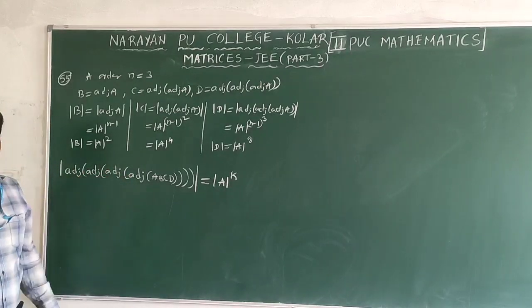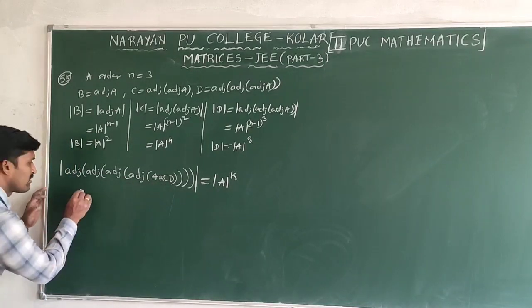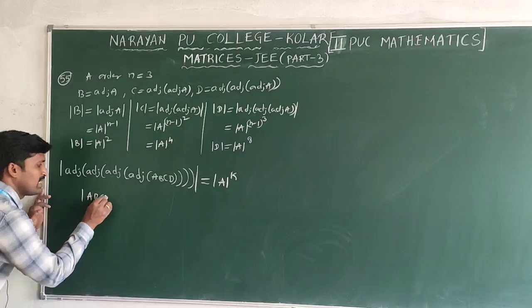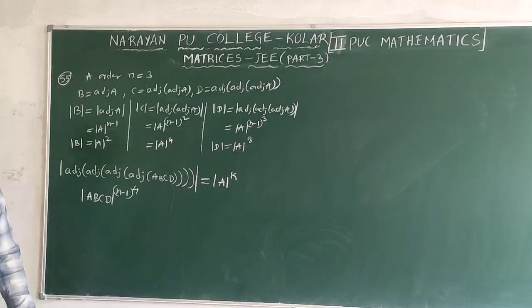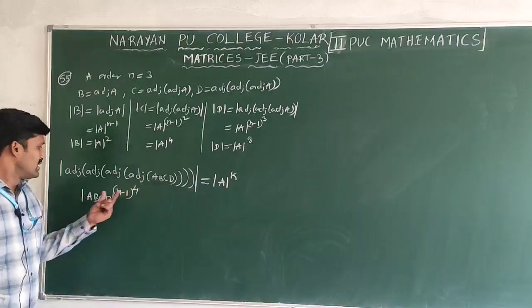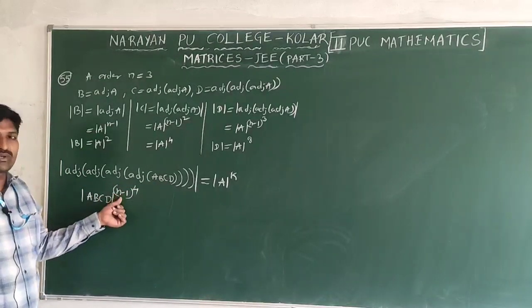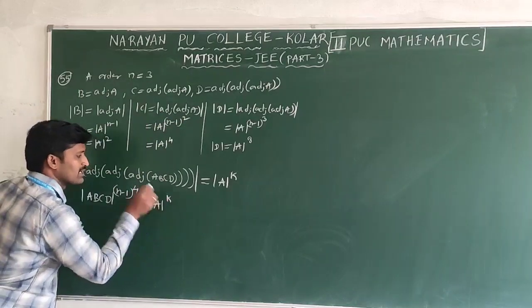If you consider this A B C D as a single matrix, then you will take det of A B C D whole power n minus 1 whole power 4. All clear? 4 terms. If you consider this a single matrix, total matrix power n minus 1 whole power 4 as per the formula, equal to det A whole power K.